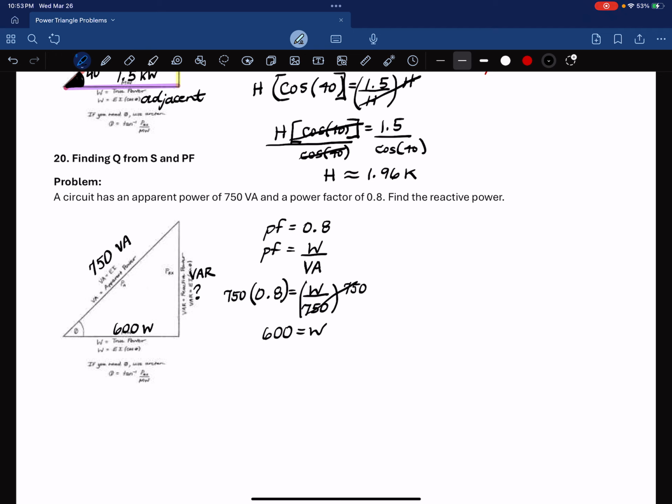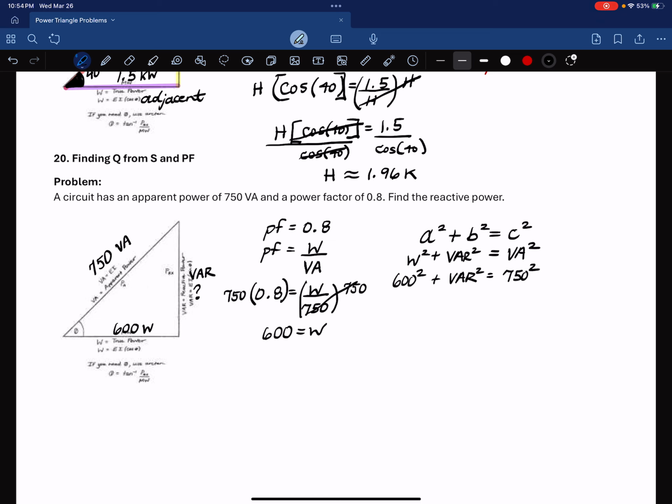And now I have set up Pythagorean theorem. So a squared plus b squared is c squared. For the power triangle, C is your VA. B is either W or VAR. And A is the other. So 600 squared plus reactive squared is 750 squared.